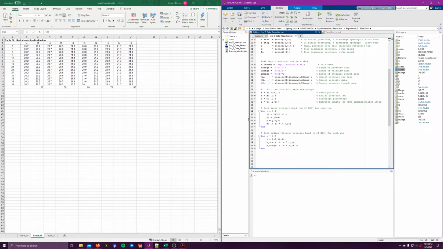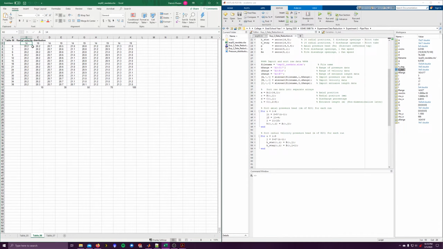Now, I'm going to start out with the static pressure, so that's H underscore stat. Tap 14, that's the static pressure, and tap 19, that's the stagnation pressure. So if we look at our data, for the first run, that's for the discharge opening at 10%, I want to start collecting my data in column 2 once again.